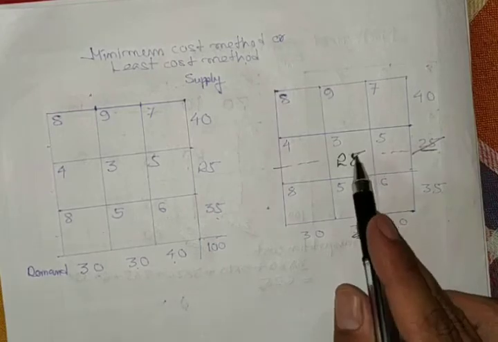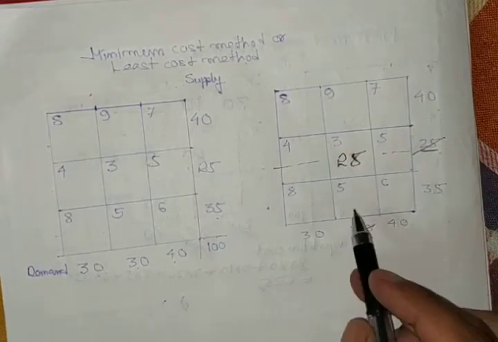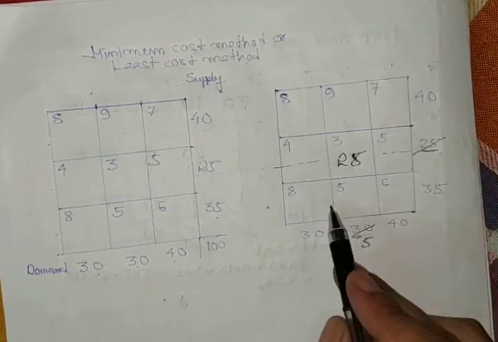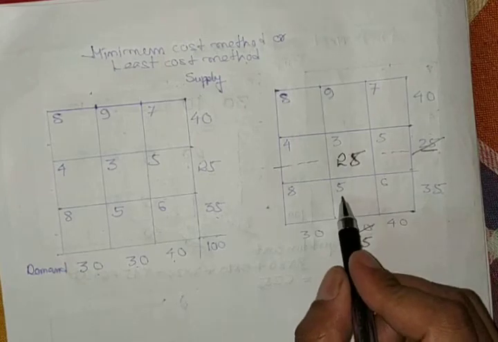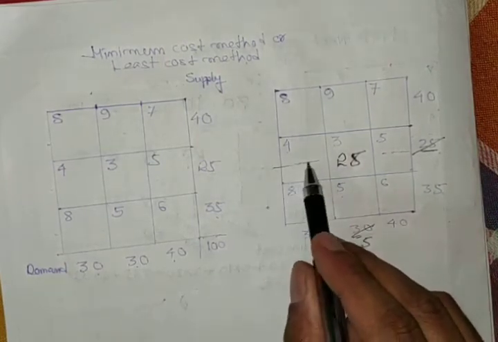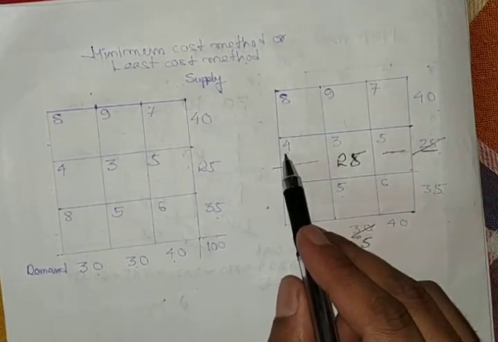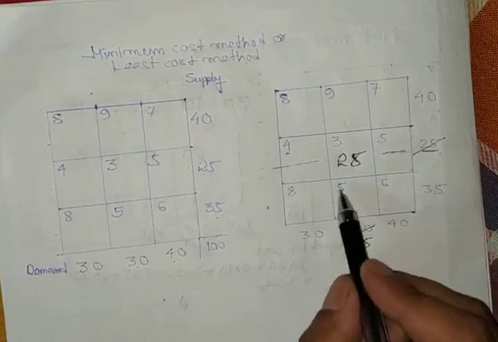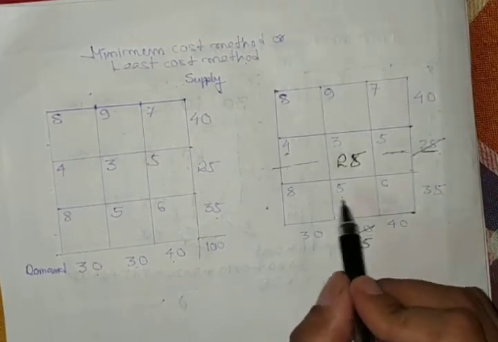After putting 25 in 3, the next least cost will be 5, not 4, because this portion is exhausted, so we cannot put anything in this 4. So the remaining cells will be this one, and this and that.